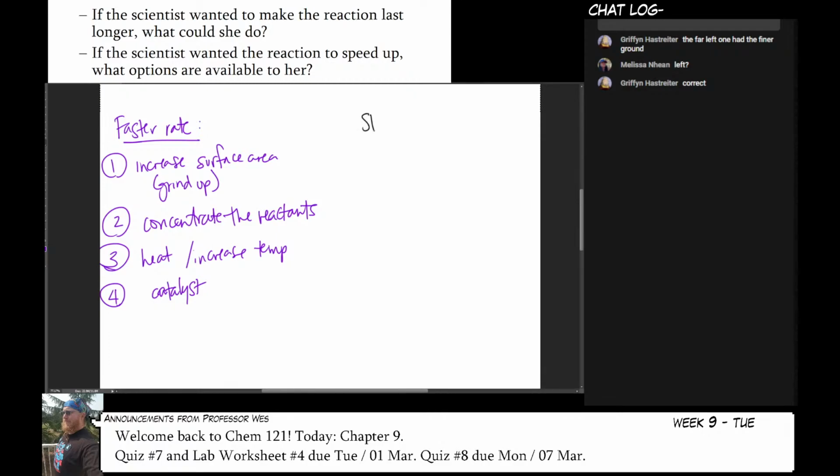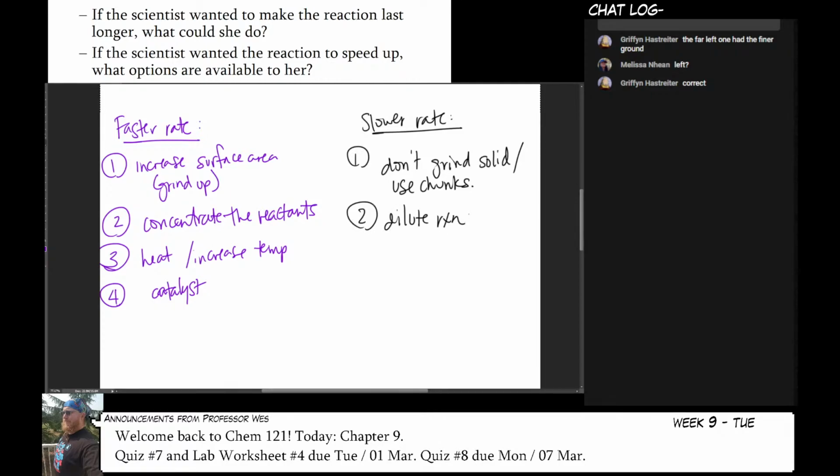Now, what if you wanted a slower rate? Do the opposite of these. So use a chunkier solid. We could dilute the reaction.